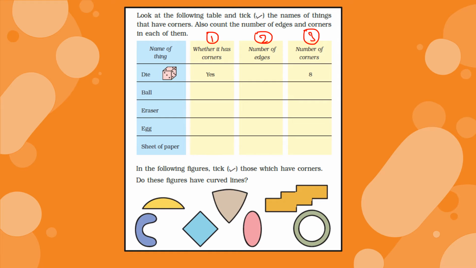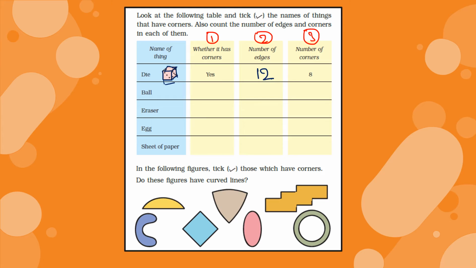Number of edges, 1, 2, 3, 4, 5, 6, 7, 8, 9, and the below one, 10, 11, and 12. It has 12 edges. Number of corners, you can see 8.